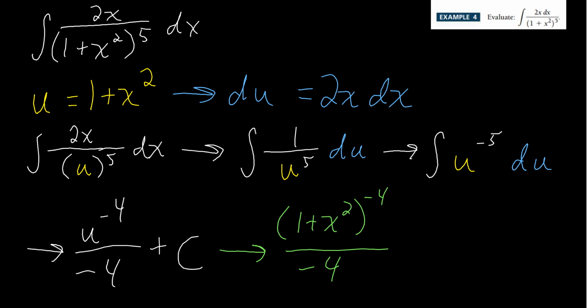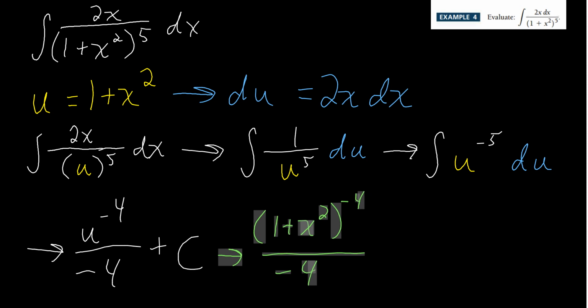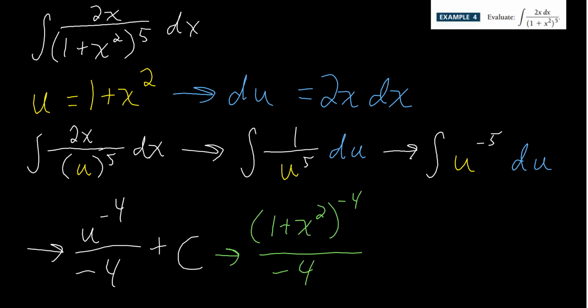Let's see if I can slim this arrow down a little bit. All right, so we know that the negative exponent goes into the denominator. The negative in front of the 4 can go out front of the entire fraction.